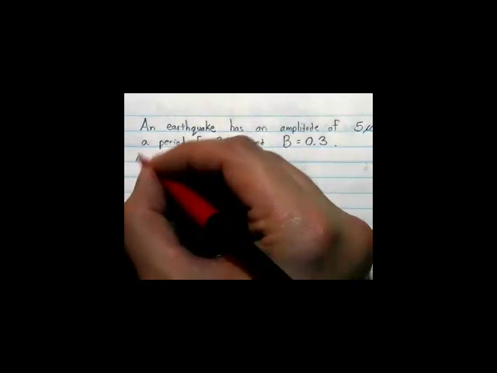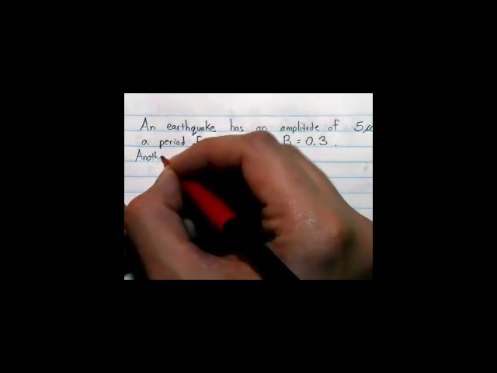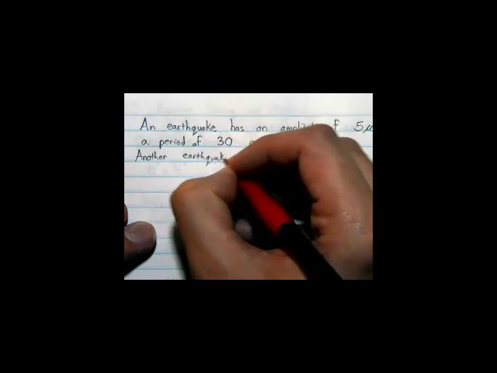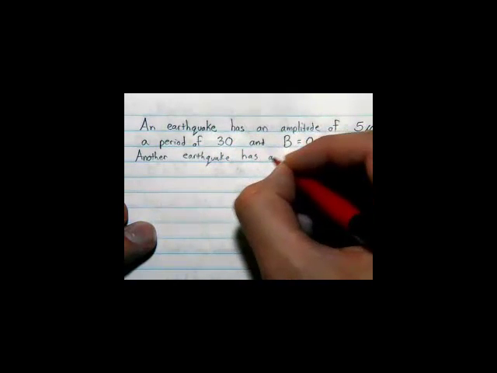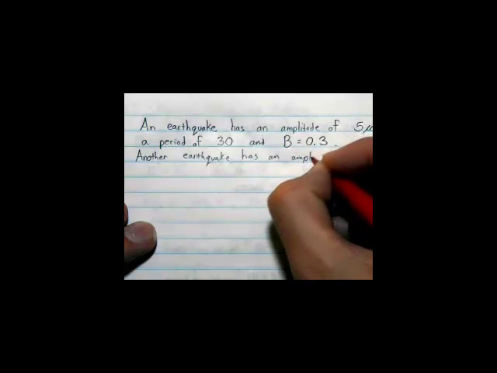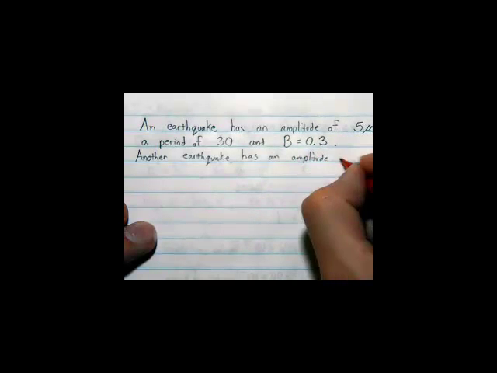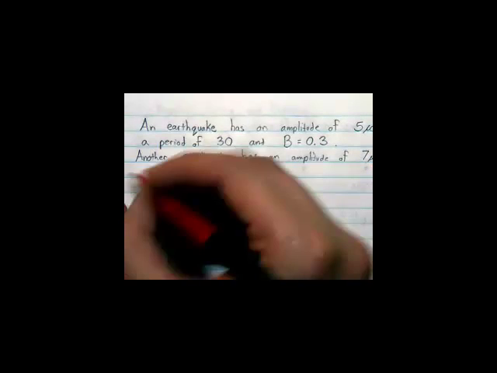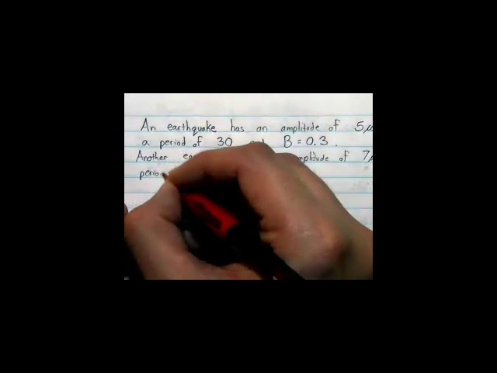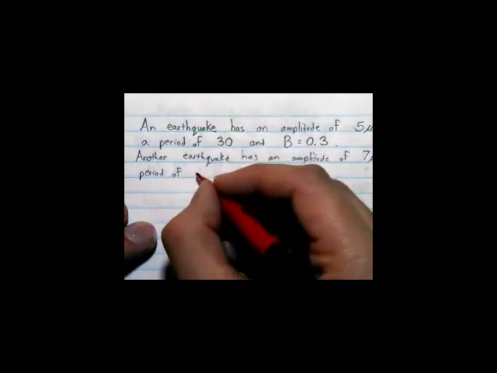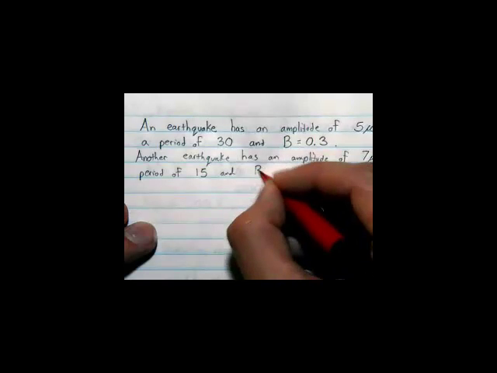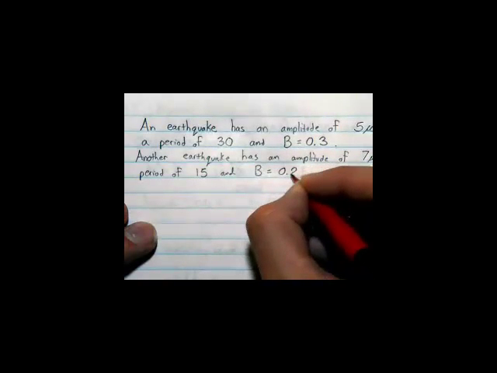Then another earthquake has an amplitude of 7 micrometers, a period of, let's say, 15, and B equals 0.2.